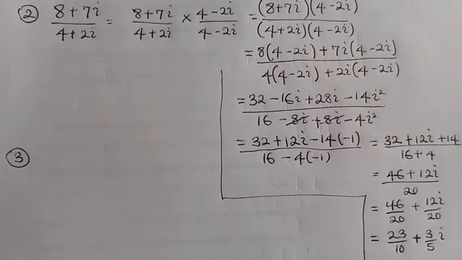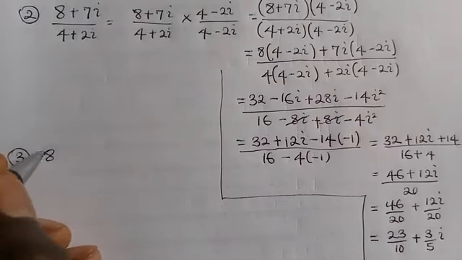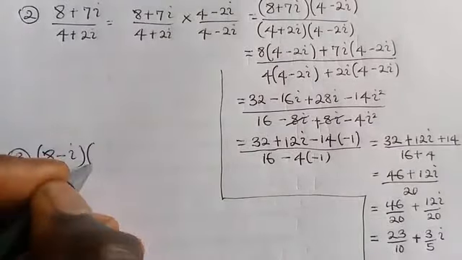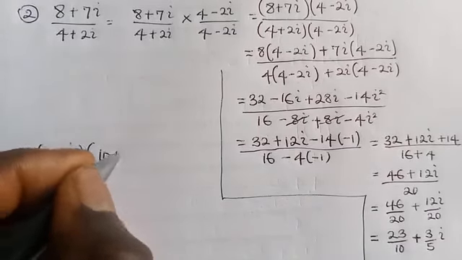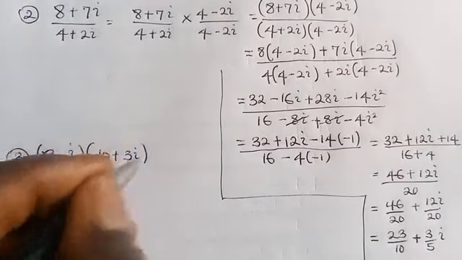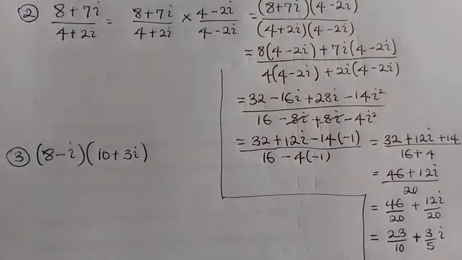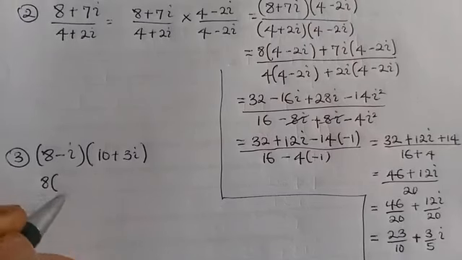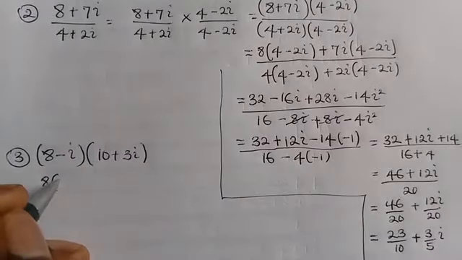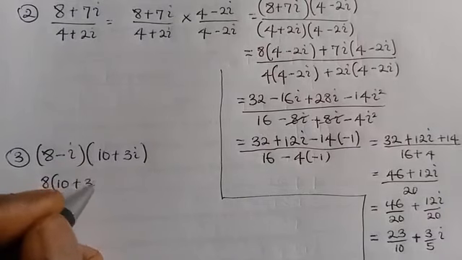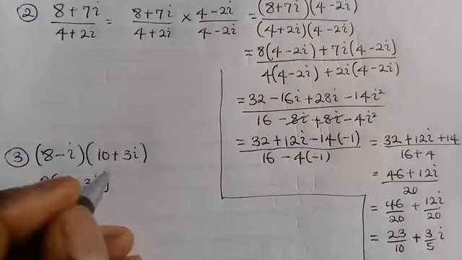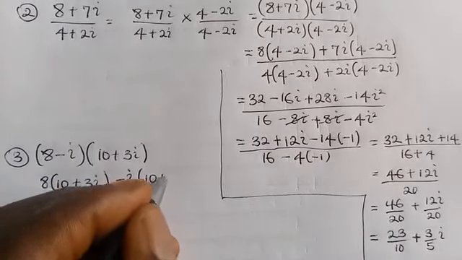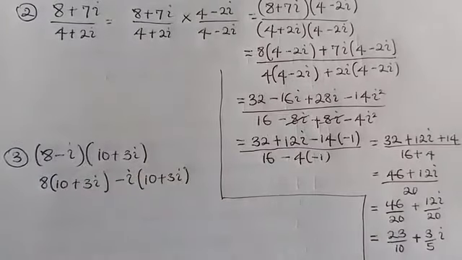For the third question, we have 8 minus i multiplying 10 plus 3i. Right? So since it's multiplication, we are going to have 8 multiplying everything in this bracket, that is 10 plus 3i. Then we use minus i to multiply 10 plus 3i.